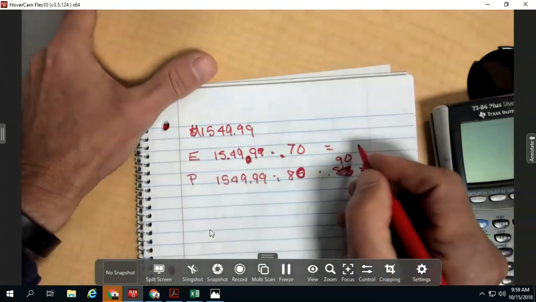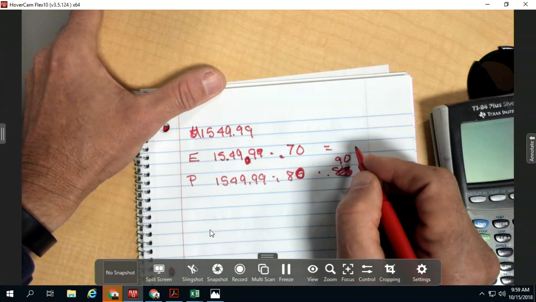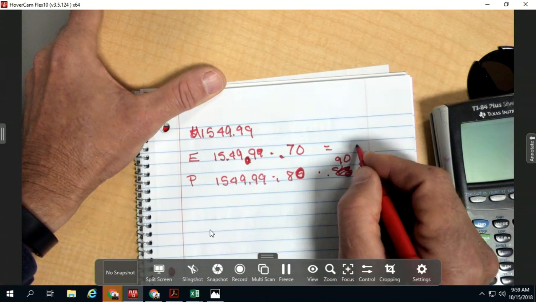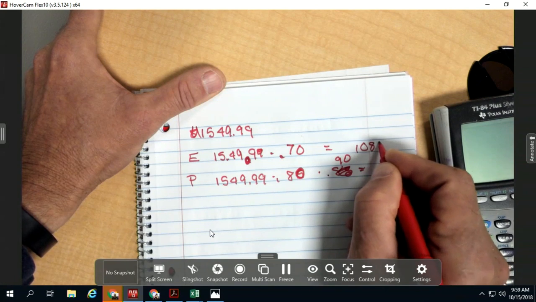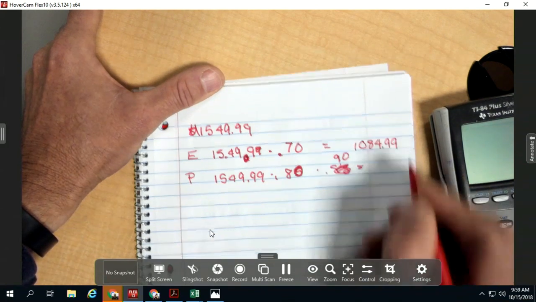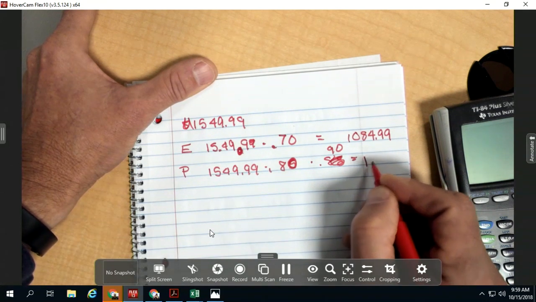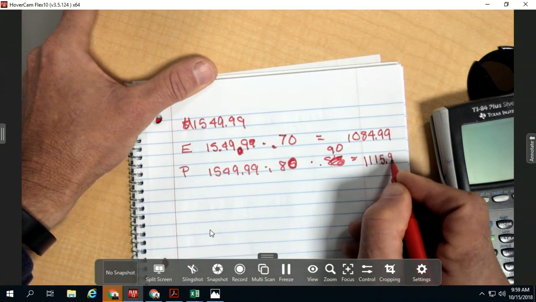Okay, what did you get for the 70% off, people? Nobody did the 70% off? $1,084.99. And what do you get if you do the Paula plan? $1,115.9.